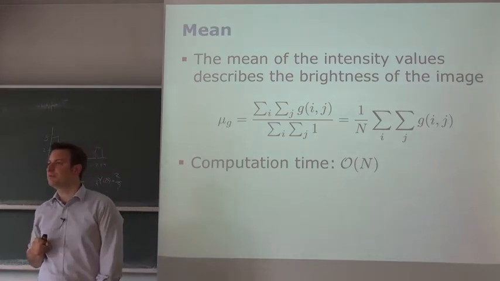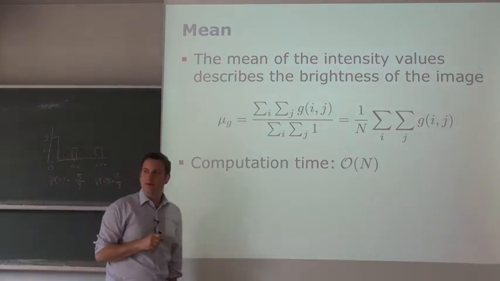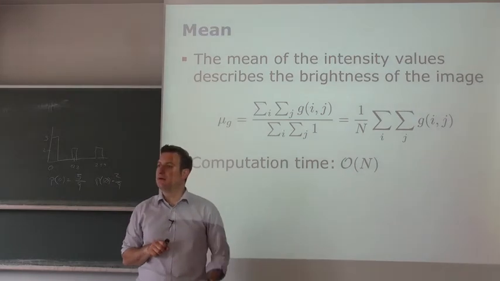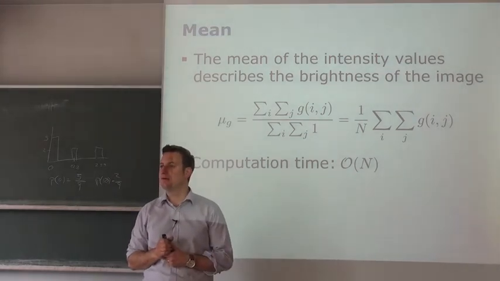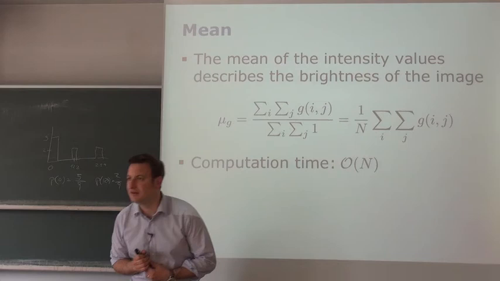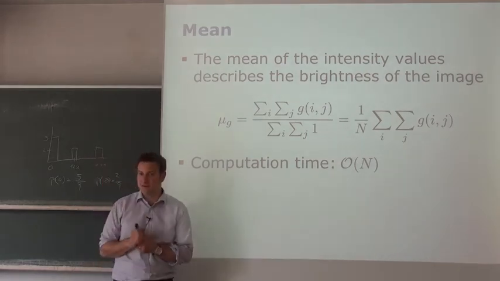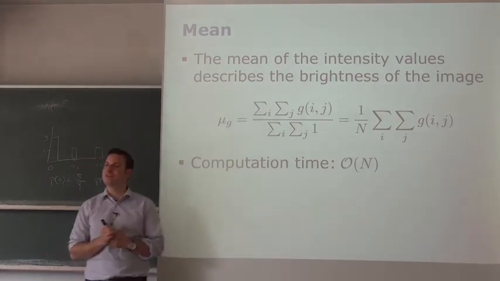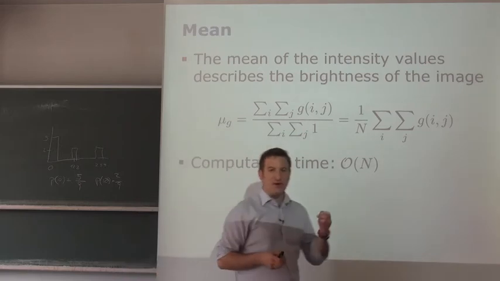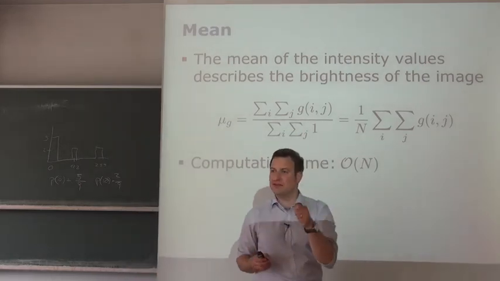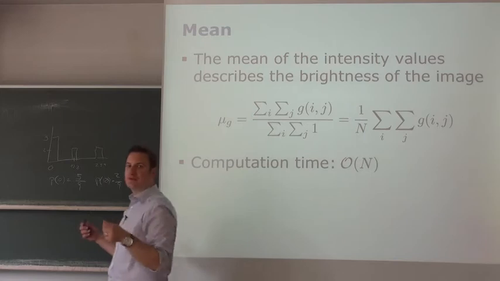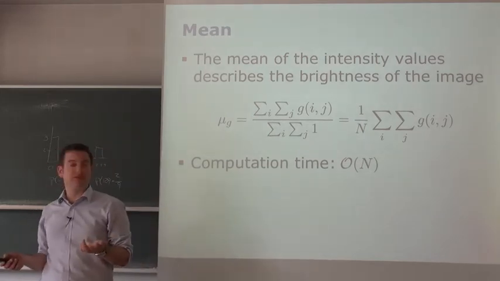What's the complexity of this operation? Yeah, it's a constant time operation because I don't need to revisit the individual pixels. It only depends on the number of gray values that I have, which is typically a constant.